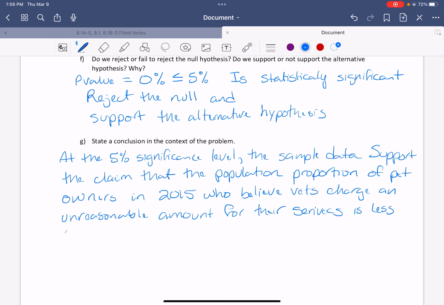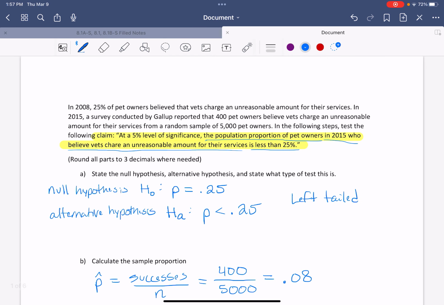If we leave out the 5% or the words population proportion, would it still be correct? I want the significance level, and I want population proportion because that itself is stated within the claim. To be careful, just copy it word for word, because the claim is listed here for us.